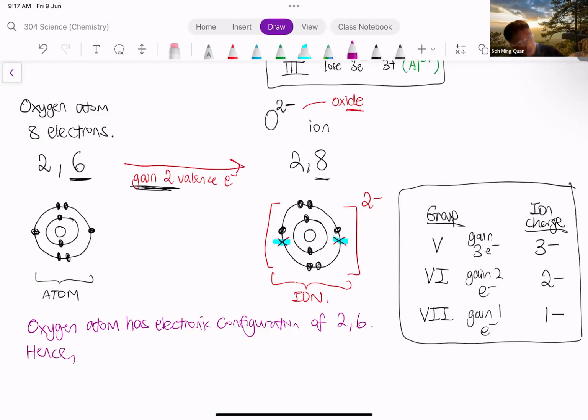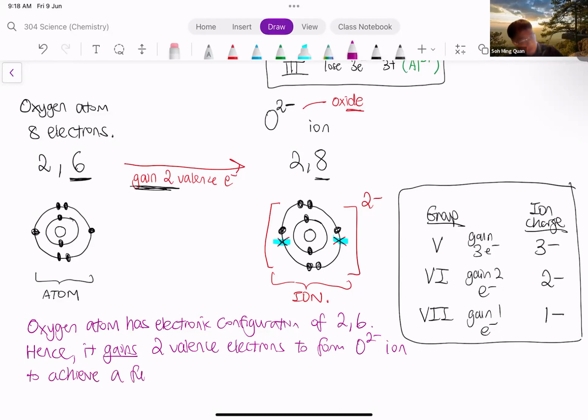Okay, so you started off as 2,6, so it gains 2 valence electrons to form the O2 minus ion, the oxide ion, to achieve a fully filled outermost electron shell. Right? So that's how we write it out in words.